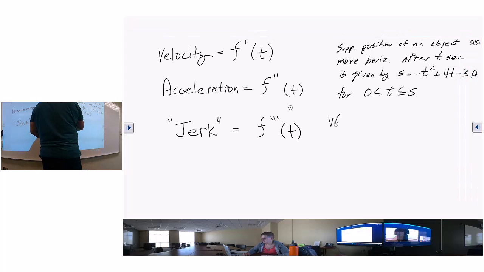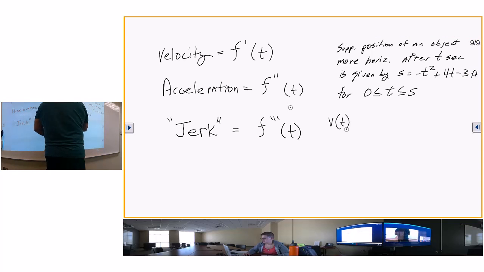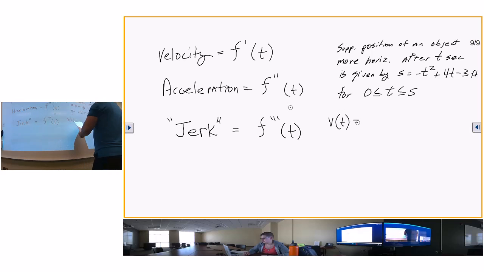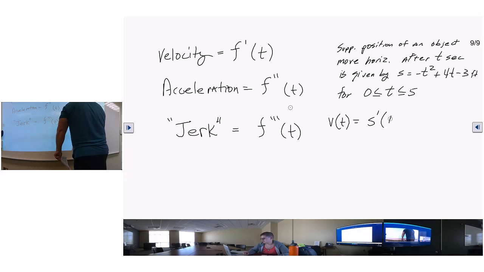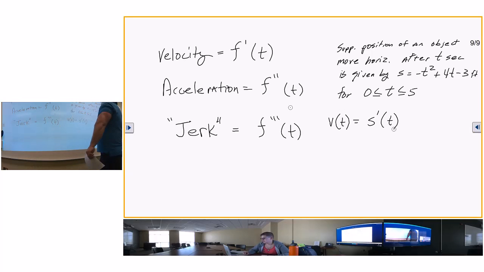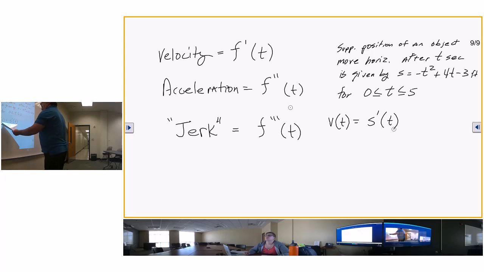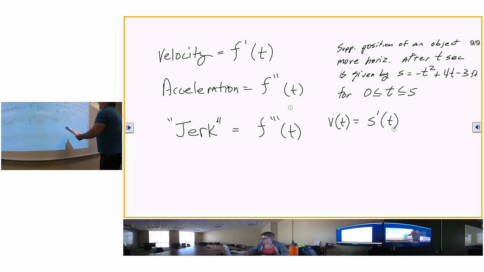V of t, the velocity with respect to time, is the first derivative of the function, but you may see it written s prime of t. They're both the same.